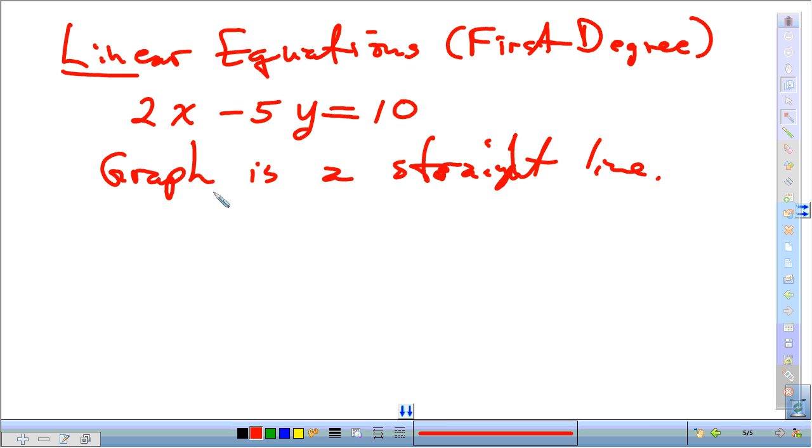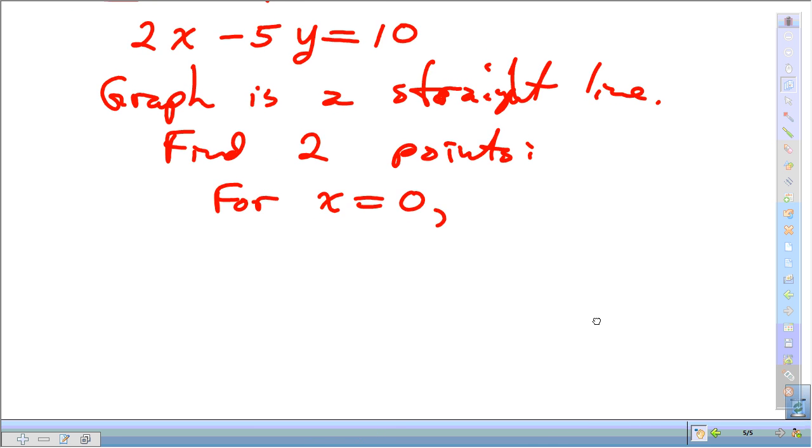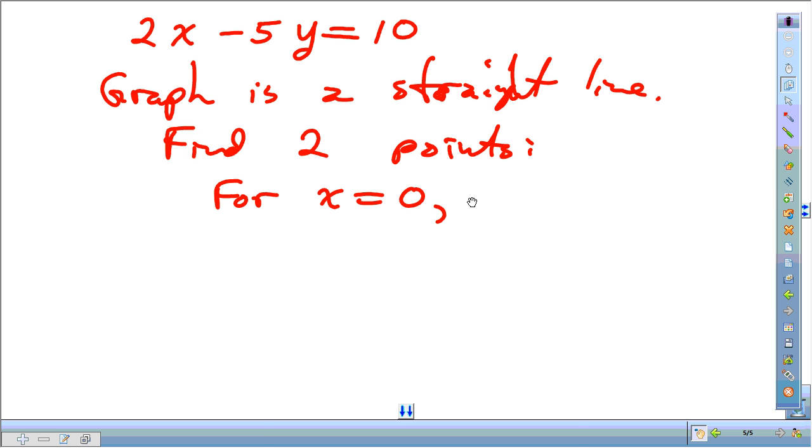A line is determined by 2 points, so let's find 2 points. Just as I mentioned in general, we might try a substitution for one variable. I like to try zeros. So if I substitute x equals 0, the equation becomes 2 times 0 minus 5y equals 10.